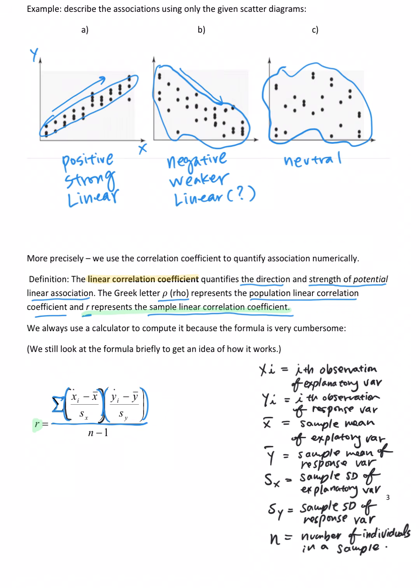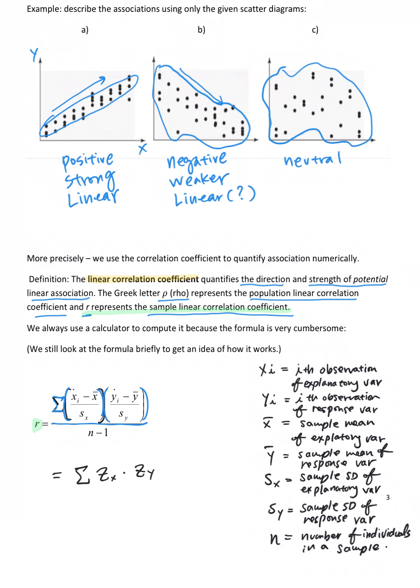Again, your calculator is going to do all this for you, so you don't need to know this. But if you look at this formula, there is an easier way to write it. It's actually the sum of the products of the z-scores for x and y, z sub x times z sub y, divided by n minus 1.